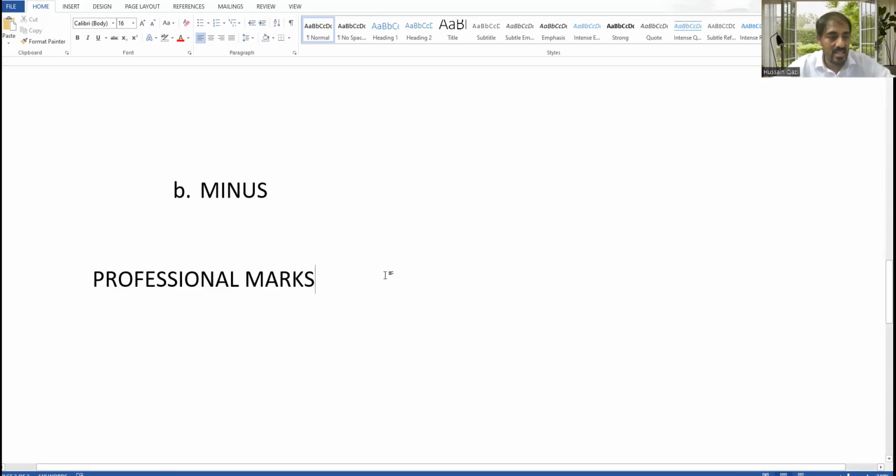That's how you will handle the professional marks. For professional marks, you need to be careful about the format, and here the format is simple: report writing. So this is the structure.